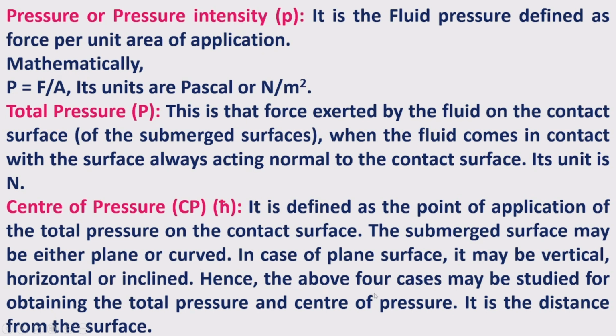For these four types of submerged surfaces, we have to find the total pressure and the center of pressure, which is the distance from the surface to the point where the total pressure is acting.